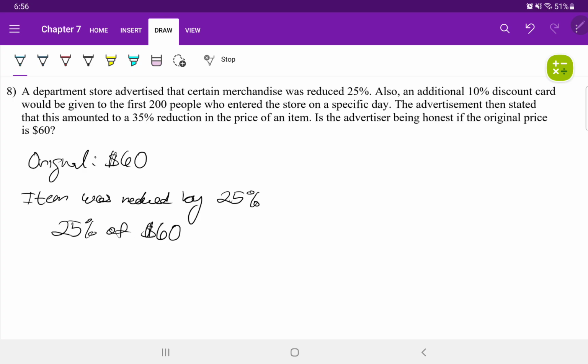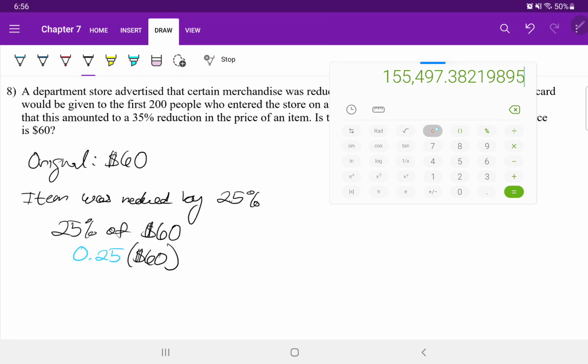And to find 25% of $60, we're going to multiply 25% as a decimal, which is 0.25, with $60. So 0.25 times 60, and that's going to equal $15.